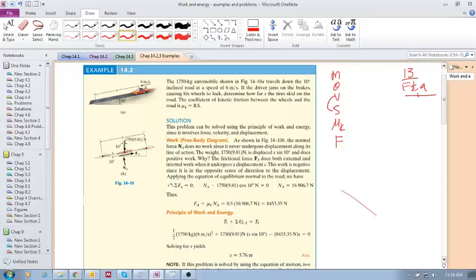That will allow us to bypass this equation.